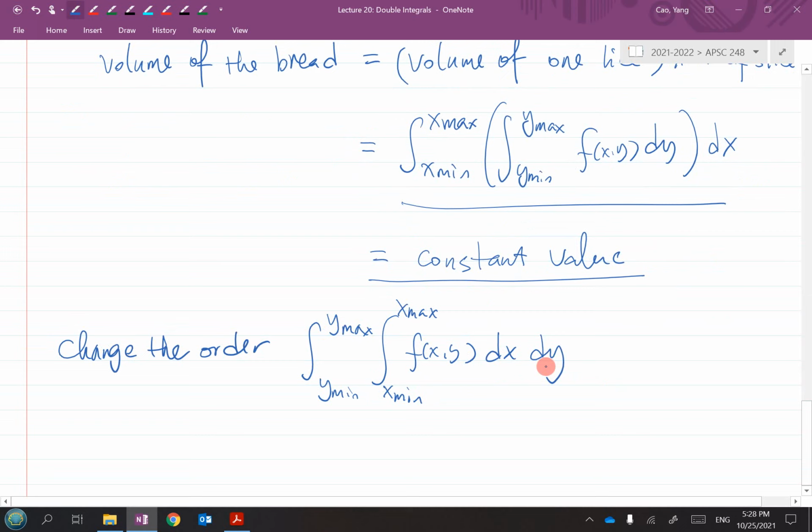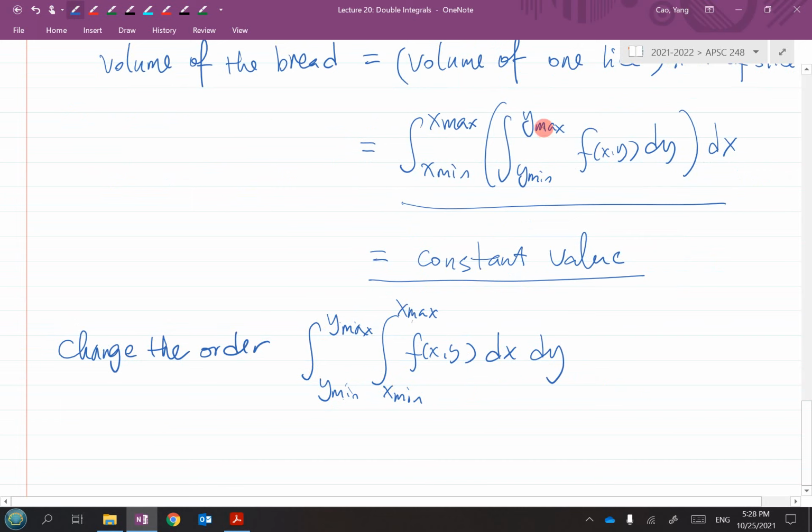But one thing you have to be careful about, as we're going to see through examples, is that although my integral limits look the same notation-wise, y min, y max, in reality, when you switch the order, the y min, y max out here is not going to be the same as the y min, y max over here.